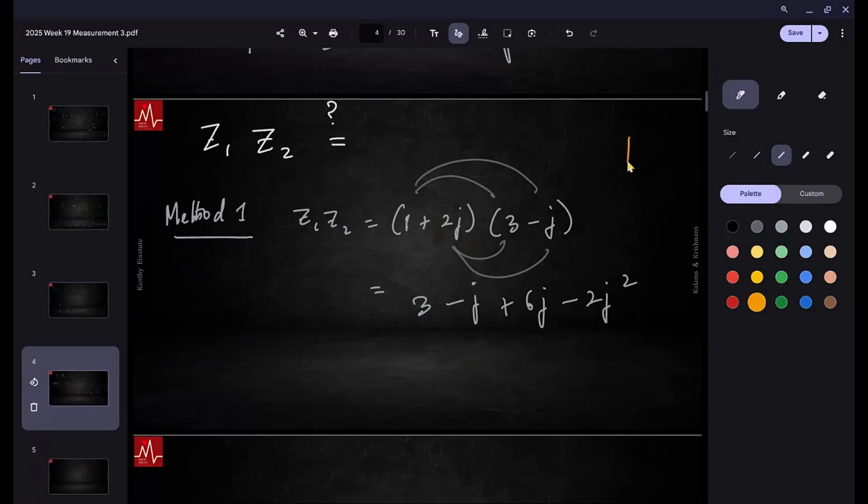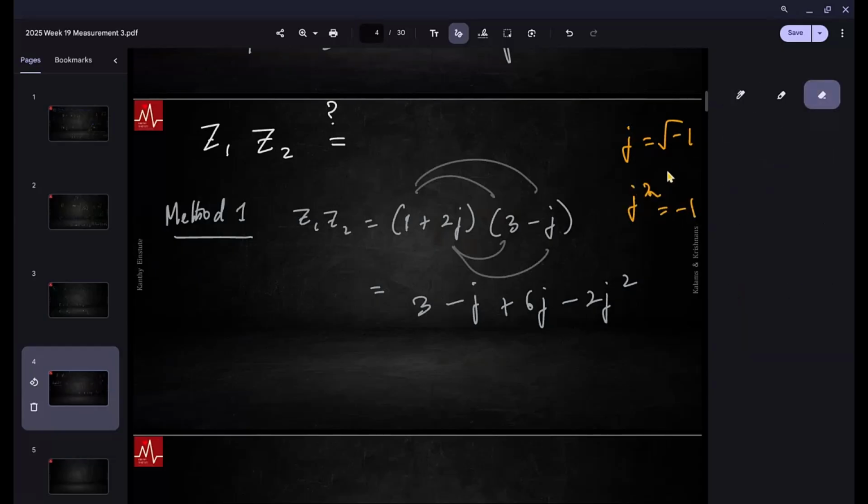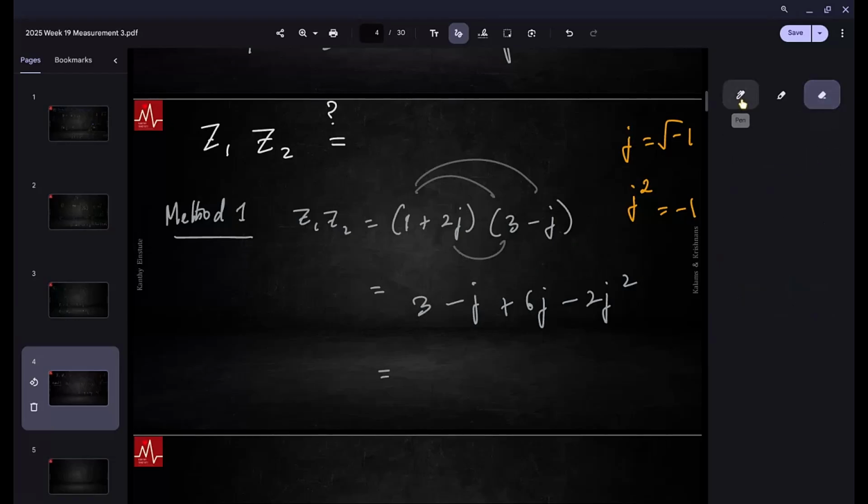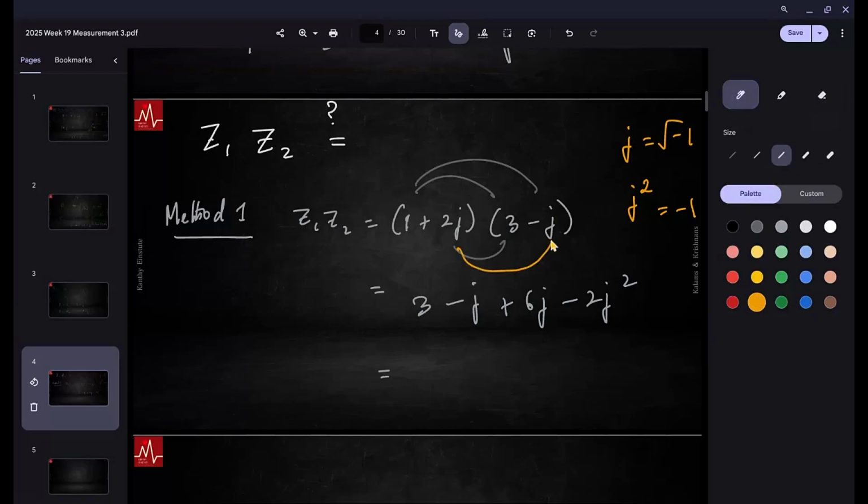So know that j is square root of minus 1. So j square is minus 1. Simplify this. How much is this? And I use the j square in this multiplication. At least I'll highlight one of them. There, 2j into minus j, you have to use this.